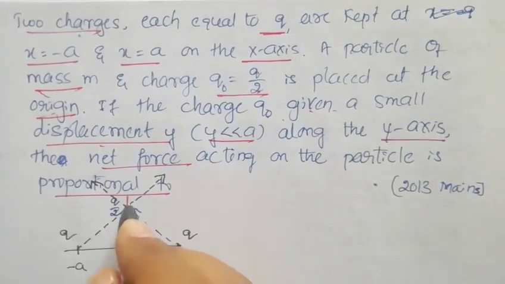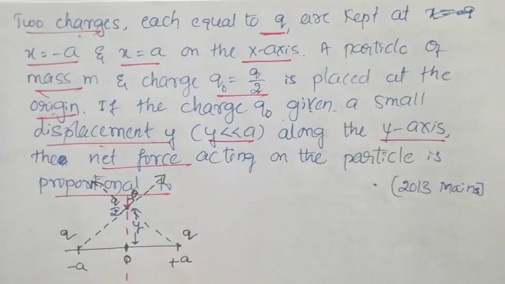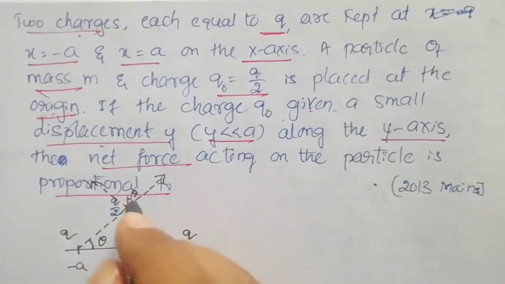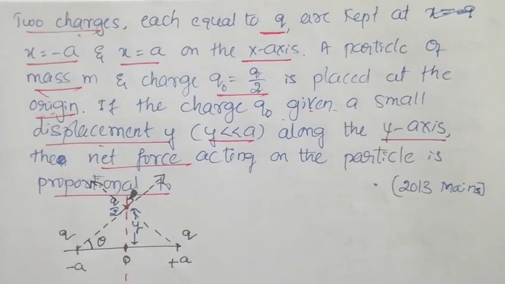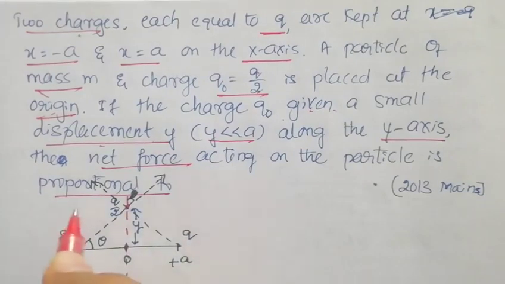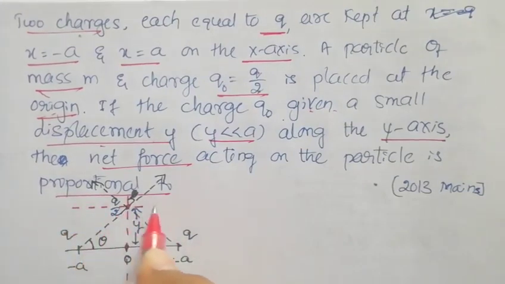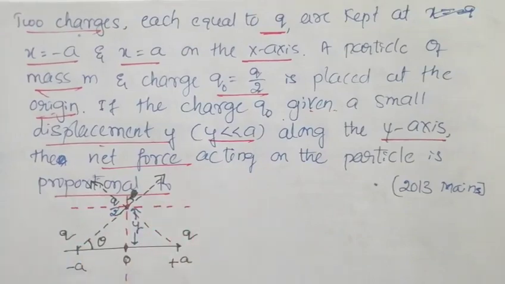Let me take some angle. If you take this angle as theta, then two forces will be acting. Or else you can take some other angle also, but you will find difficulty. Let us show these two forces now. Let me draw here an x-axis. So this will make an angle theta.